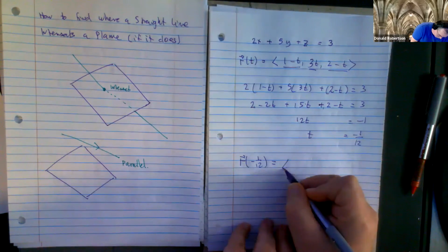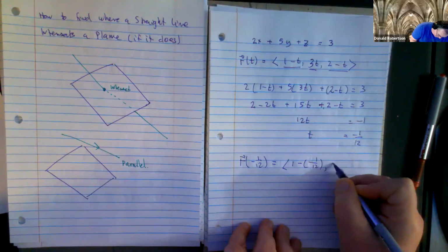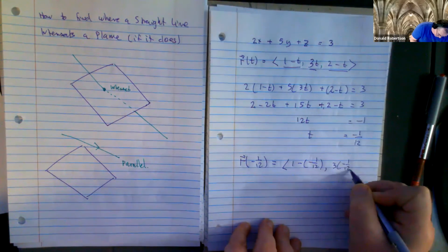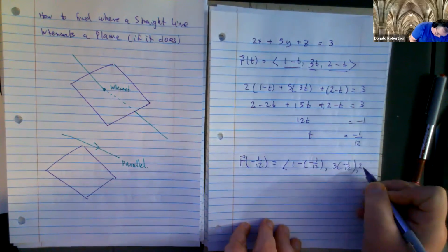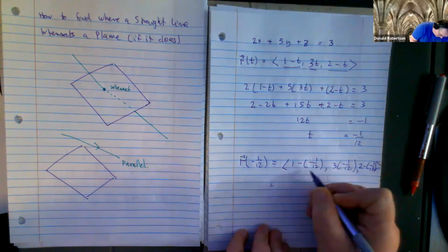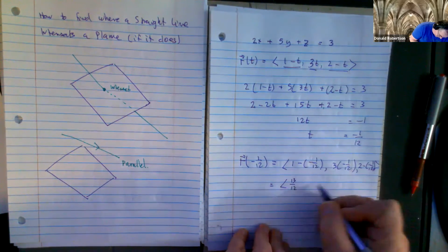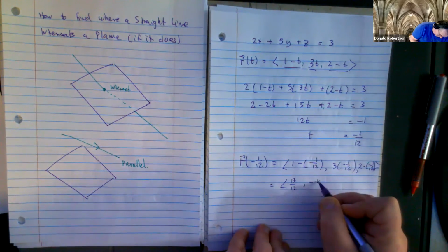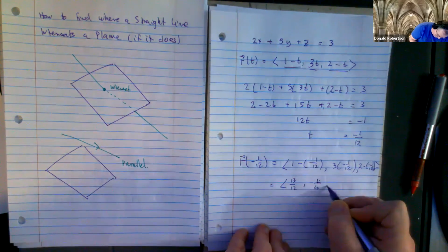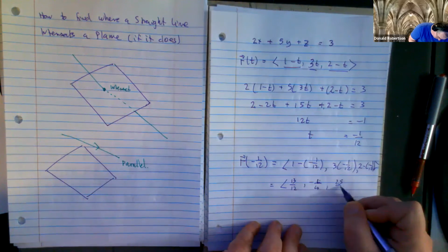So it's going to be 1 take away -1/12, comma, 3 lots of -1/12, comma, 2 take away -1/12. That's add, so that's 13/12. That's -1/4. And that's 2 add 1/4, so that's 25/12.